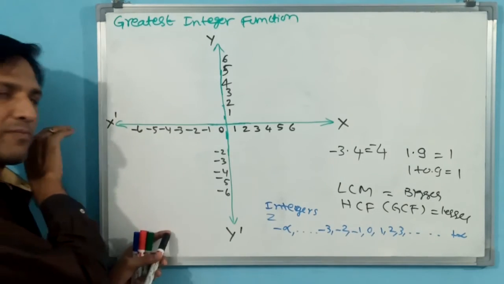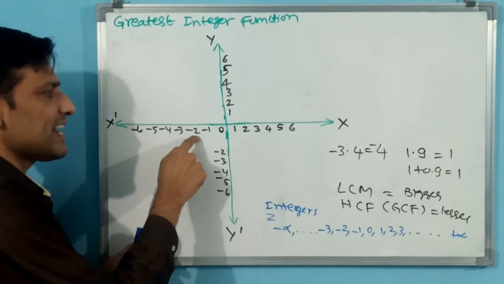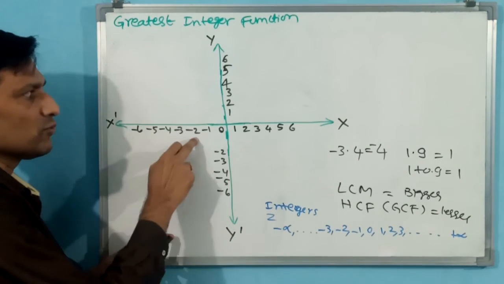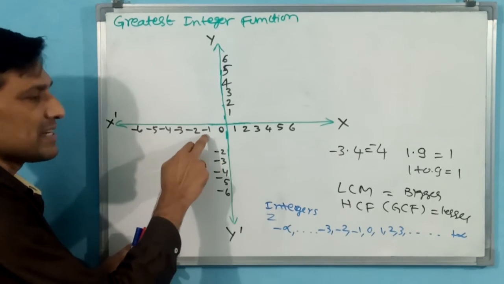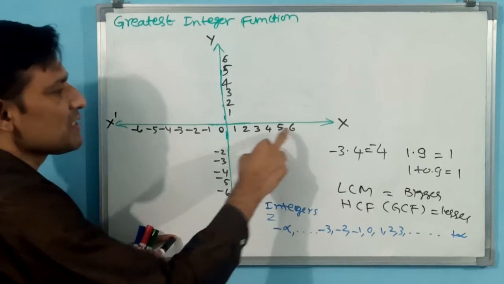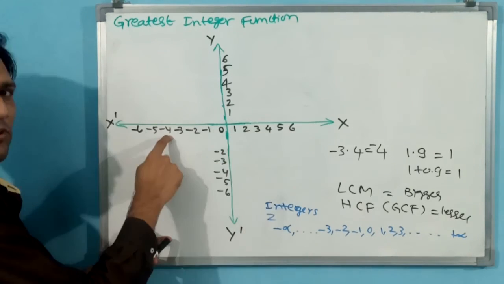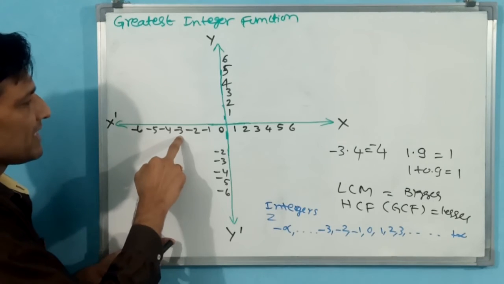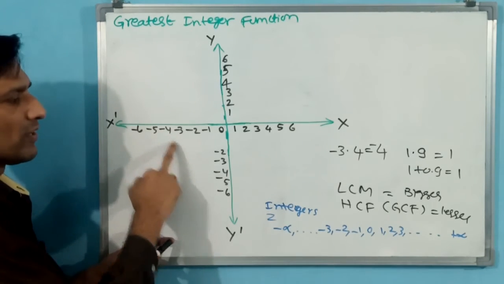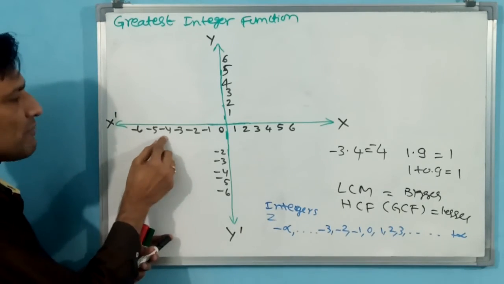You see, from left to right, values are going to increase. Minus 6 is less than minus 2. Minus 2 is bigger. 0 is bigger than minus 1. 1 is bigger than 0. 6 is bigger than 3. That is why, for minus 3.4, the smaller value is minus 4 only.